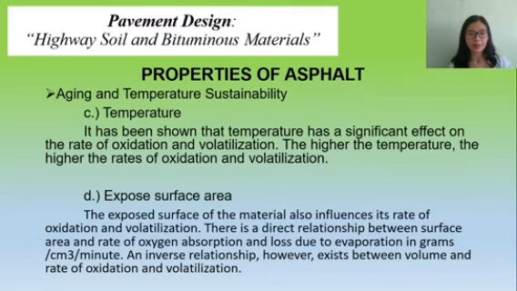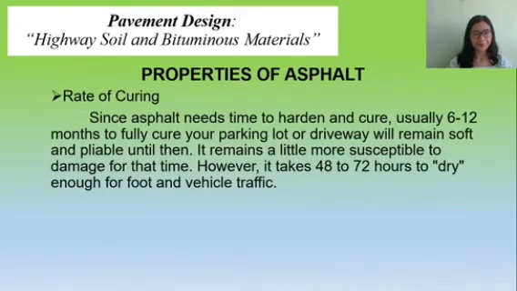There is a direct relationship between the surface area and the rate of oxygen absorption and loss due to evaporation in grams per cubic centimeter per minute. An inverse relationship, however, exists between the volume and the rate of oxidation and volatilization. So this means that the rate of hardening is directly proportional to the ratio of the surface area to the volume.